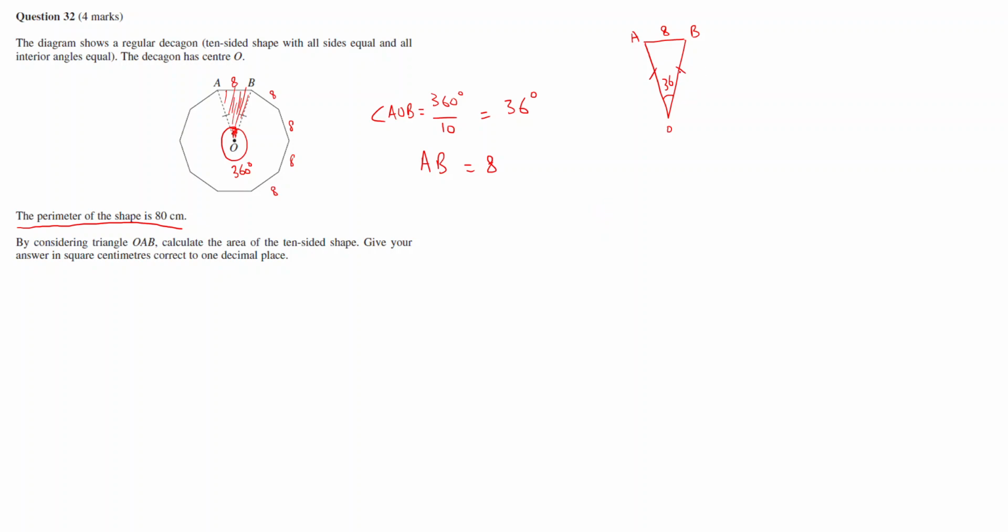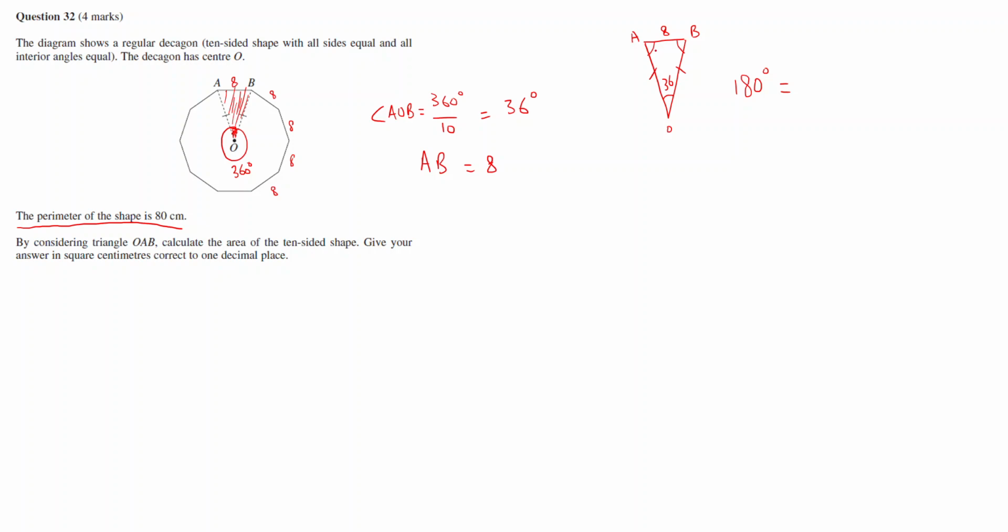Another property of the triangle is, if these two sides are equal, then these angles must be equal. This is one of the basic properties of the triangle. What that means is we can then calculate these two angles as well. The sum of the angles of a triangle is 180 degrees.